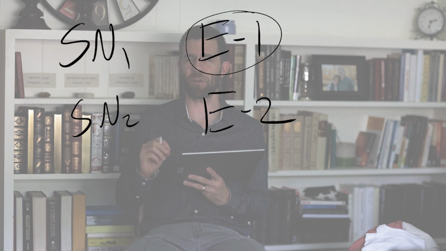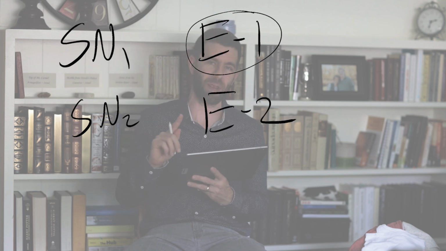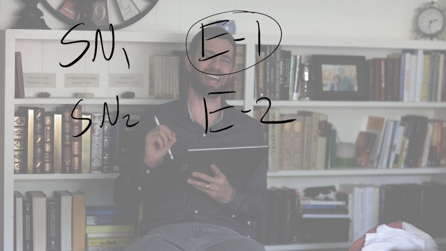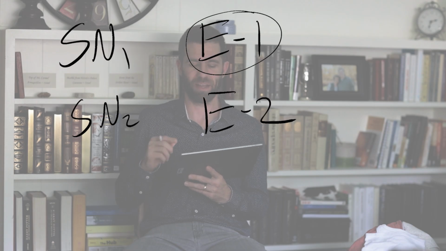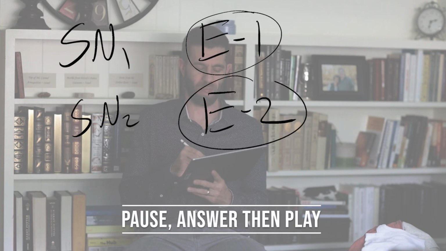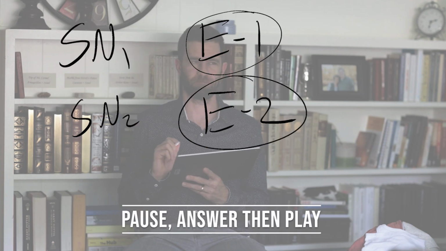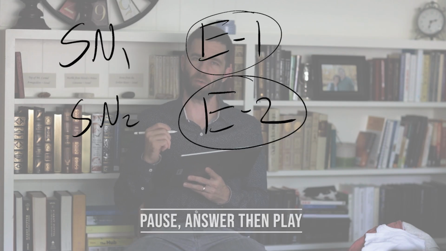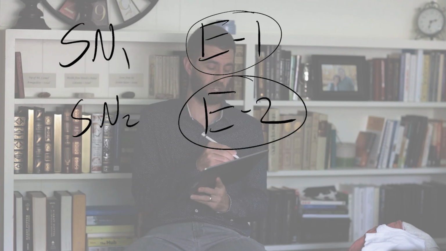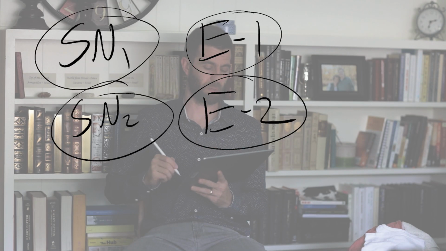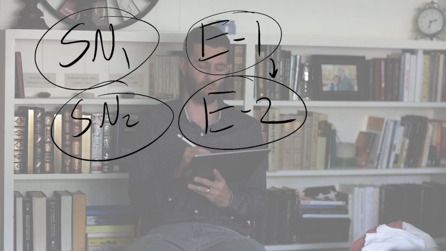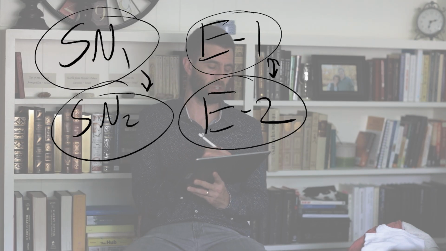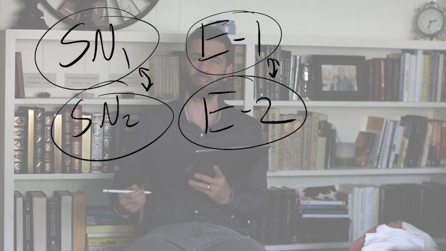Pause it and think about what it would be. By the way, hint, it would be dependent on the type of alkyl halide. That's how we're going to choose between these. Think about what it would need. All right, I'll tell you what it would need to choose between E1 and E2. It's the same as what you need to choose between SN1 and SN2.